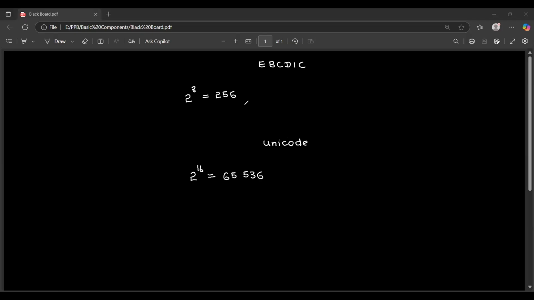Emojis are also characters, right? So we need something to represent them also, and that's why we need Unicode. It's a 16-bit code with many characters. Not only English, we can also represent other languages: Sinhala, Tamil, German, any language.